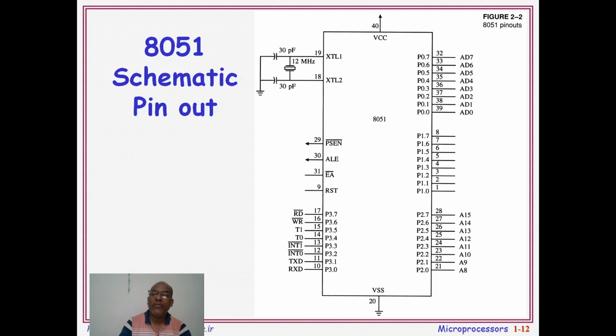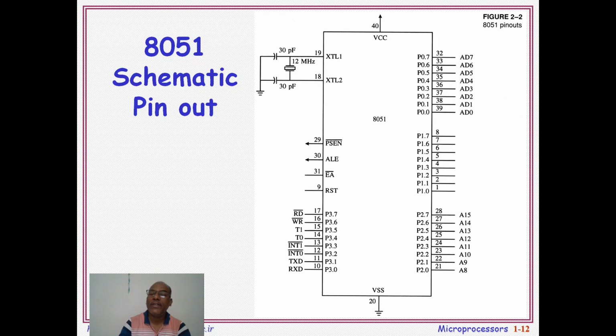Then again it uses 4 ports, that means P0, P1, P2 and P3. P0 port consists of P0.0, P0.1 up to P0.7. It uses pin number 39, 38, 37 up to 32. It uses a multiplexing mode AD0 to AD7.